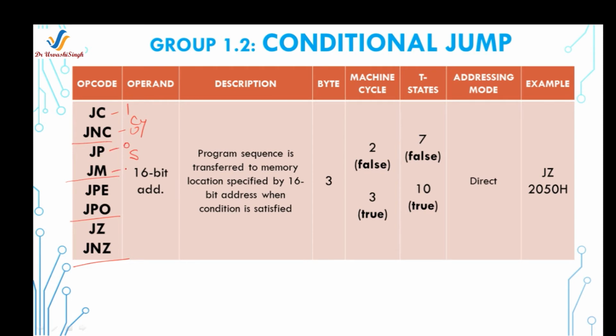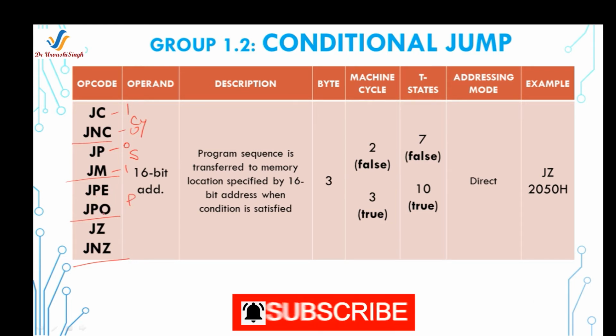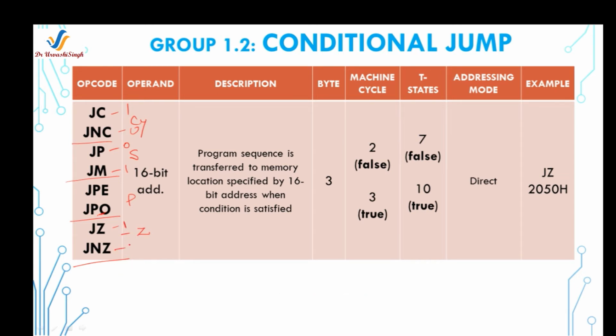And if the sign is 1, it means jump if minus. For parity, jump if parity is even, jump if parity is odd, and for zero flag, jump if 0 and jump if result is not 0. So these are the opcodes for the conditional jump, and the operand is the same 16-bit address.